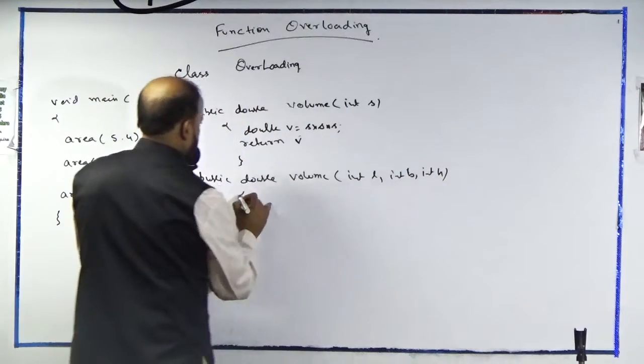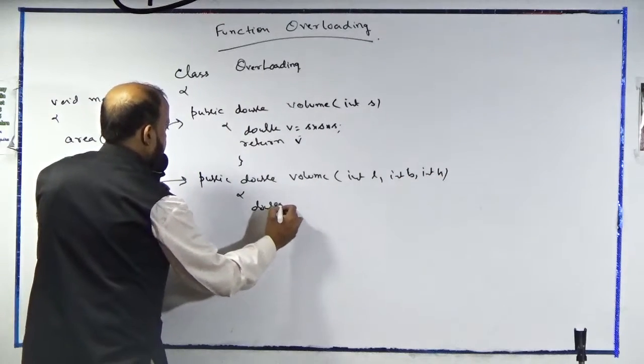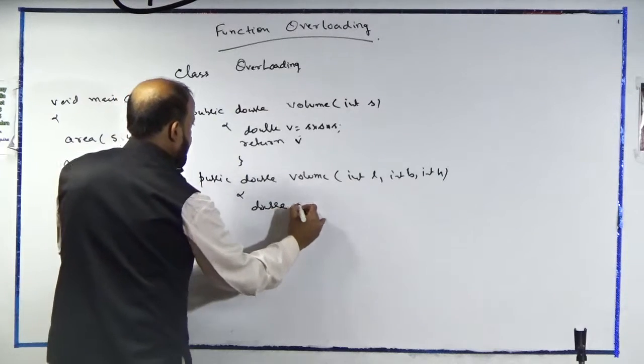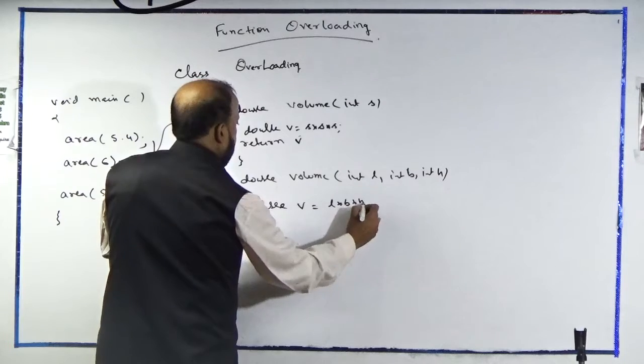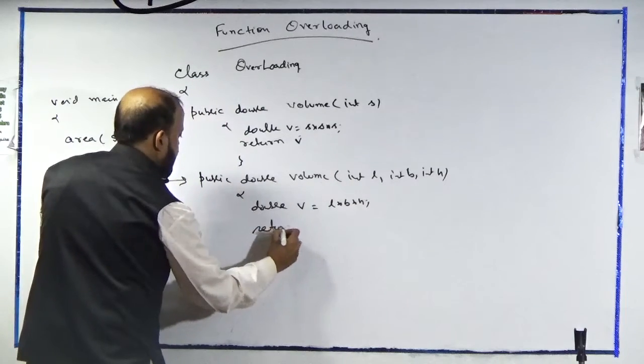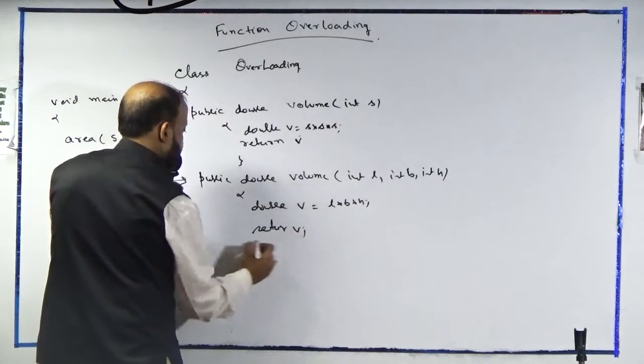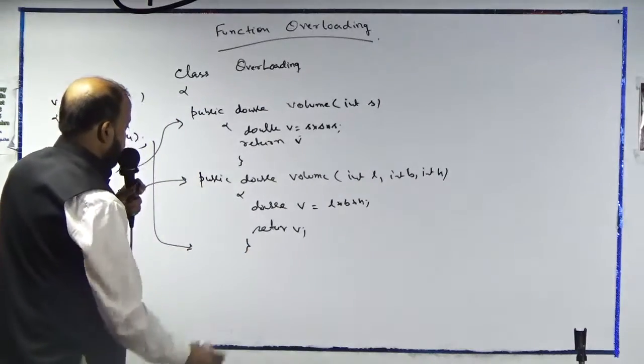Here 3 arguments. Again you can write double V equals length into breadth into height. Again you do return. Same thing, just put the formula.